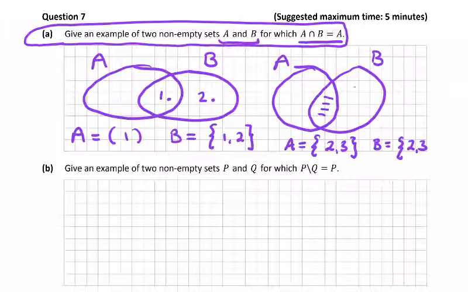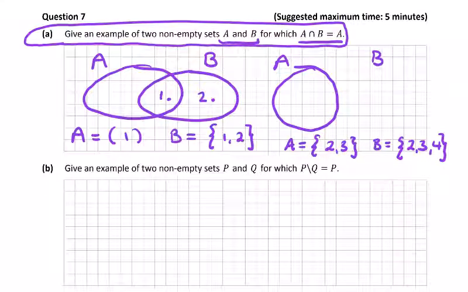You could put another element in this side, but you could just say 2, 3, 4, say. And will that work? It surely does. 2 and 3 in the middle, 4 here, and you can see A intersection B. So there we have an example of two non-empty sets, and you can come up with loads of scenarios here.